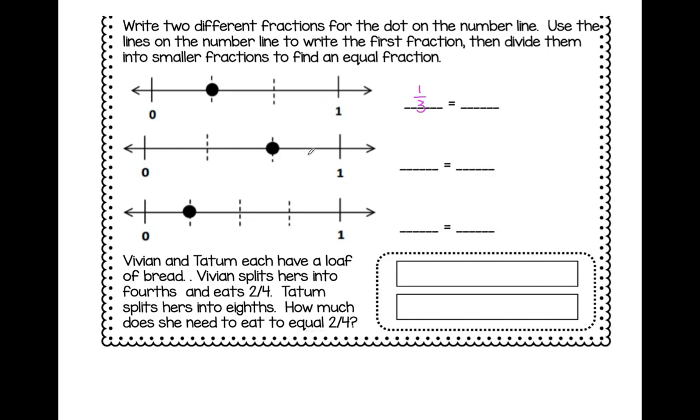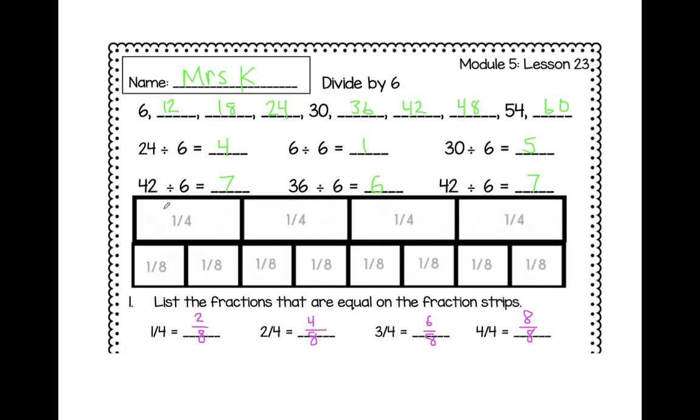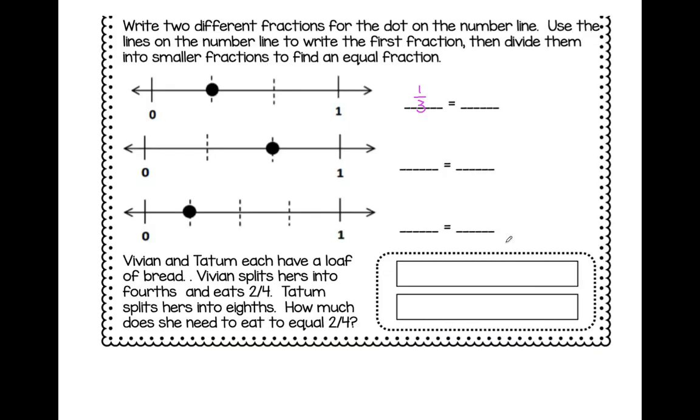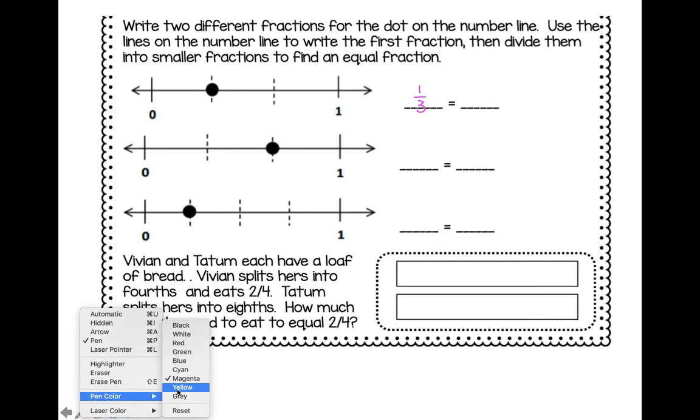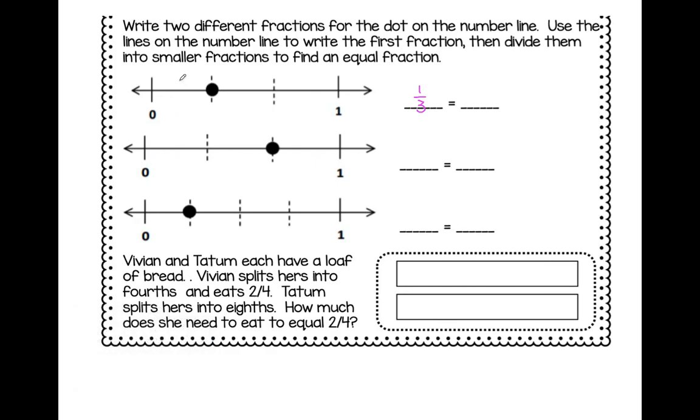Now, one of the things I do want to show you guys, I'm going to go back really quick, is that if you notice for 1/4, to make it an eighth, they cut each of the fourths in half. Notice how they cut each of the fourths in half to make them into smaller fractions. That is exactly what we are going to do. I'm just going to change my color really quick so you guys can see what I'm talking about. If I were to draw another line in between each of the thirds, I now have a new fraction.